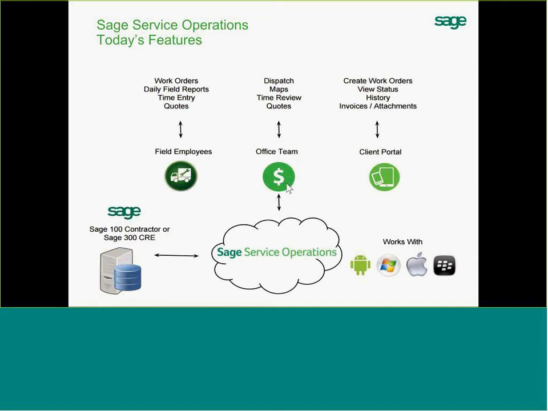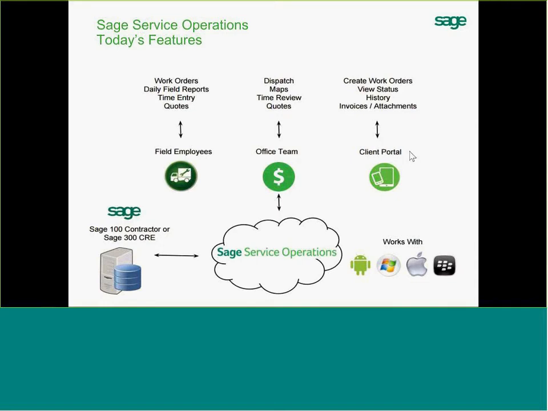We also have features that can be used by the office team. That includes dispatch, and dispatch can be used for both work orders and construction jobs. That's basically the ability to schedule out and plan work in advance. We have mapping functionality. We have a whole time review and approval component that is also for both work order time and job cost time. And we have a quote feature really geared towards service quotes.